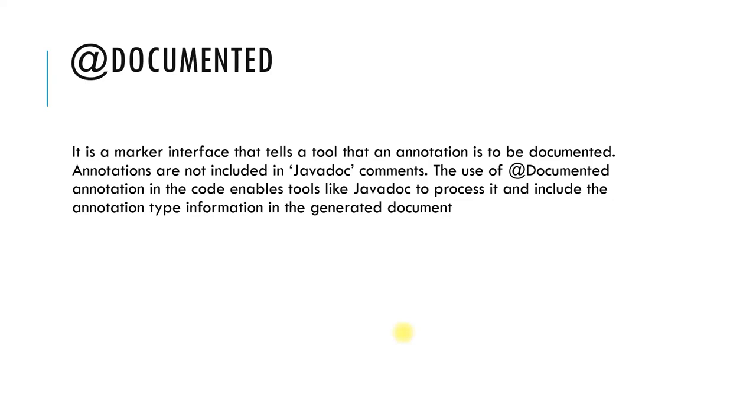In this case, it's a marker interface that tells the tool that an annotation is to be documented. Annotations are not included in Java documents by default. The use of documented annotation in the code enables tools like JavaDoc to process it and include the annotation type information in the generated document.